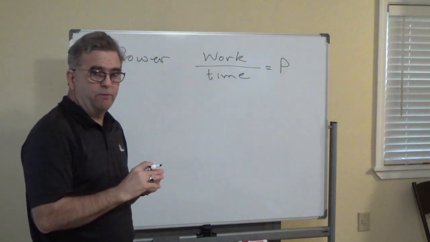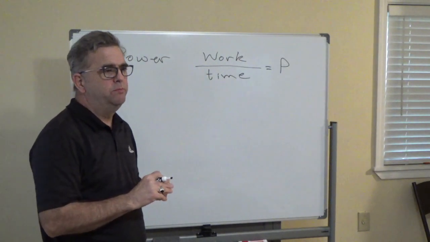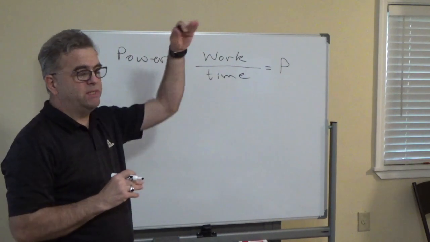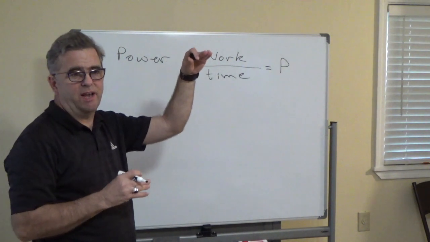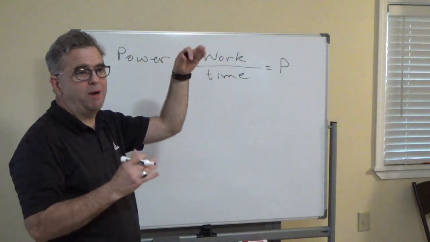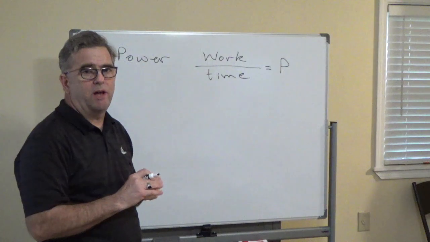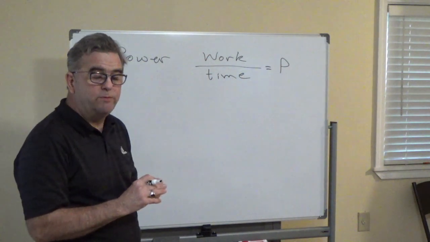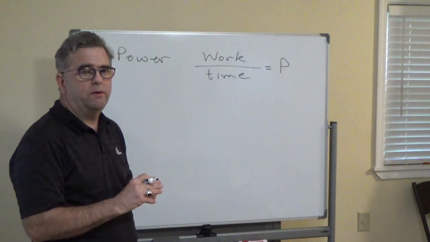Let's say that you and your friend are going to climb a set of stairs. You climb a set of stairs in 5 seconds, okay? You've increased your potential energy by a certain amount. You've done a certain amount of work, and it took you 5 seconds to do that amount of work.